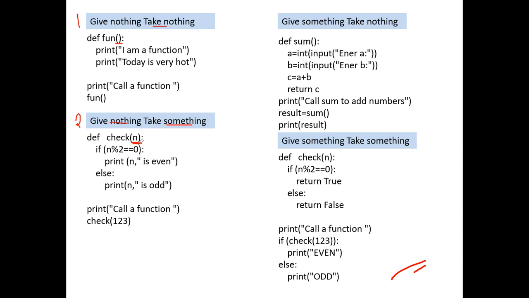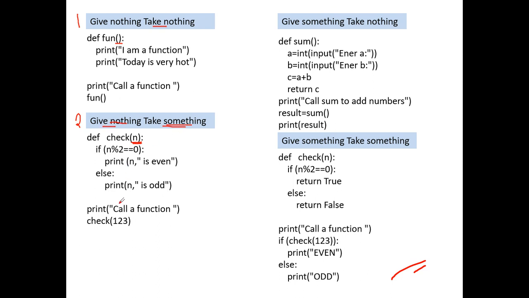Functions that are not taking anything as a parameter are take nothing. When the function is taking some parameters, one or two or n number of parameters, then we say it is taking something as a parameter.